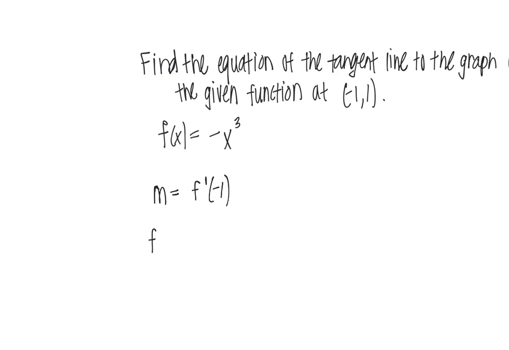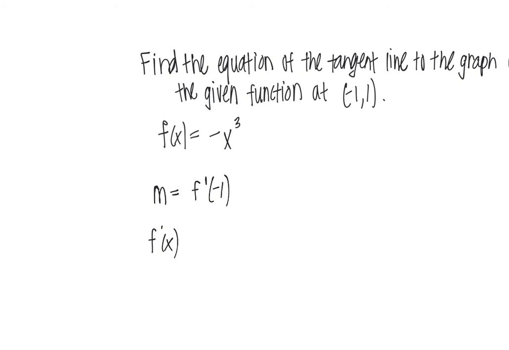So f prime of x is a derivative, and I put that negative 1 there in place of x. All you do is find that derivative and plug negative 1 into it, and that will be your number for the slope. Okay, so this is where the calculus is, where we're finding this derivative.